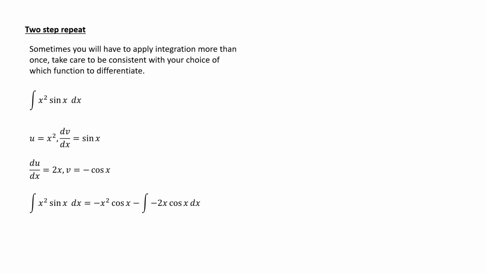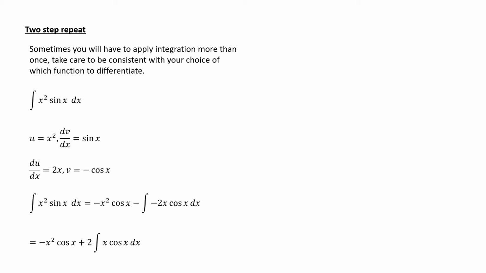You notice I put the minus outside the x squared term, just so that it doesn't get confusing, minus integral minus 2x cos x with respect to x. And I've put the du by dx term at the front of this, again, just because it would look a little bit untidy if I had minus cos x 2x, but it doesn't make any difference. I could use brackets if I wanted to.